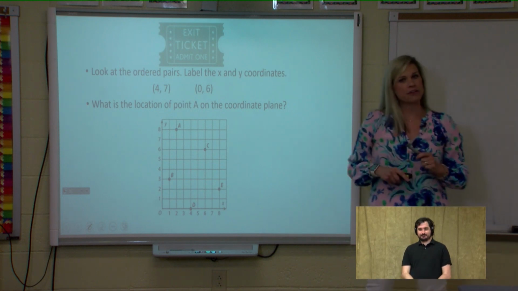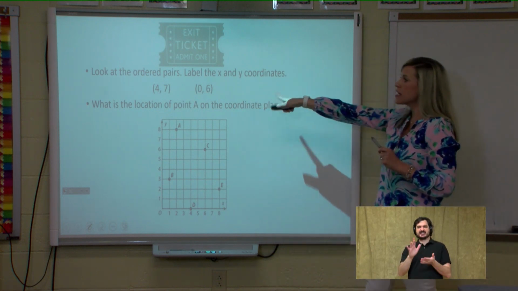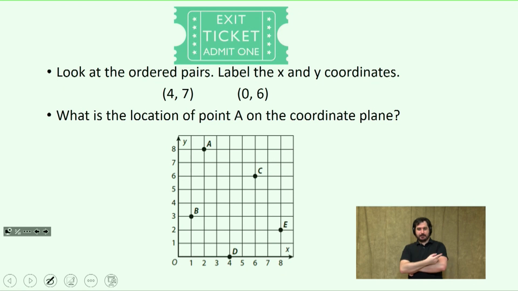All right, your exit ticket for today, I want you to take a look. Look at these ordered pairs. I want you to label X and Y. So this first ordered pair is 4, 7. Tell me what 4 is. Is it X or is it Y? Same with this one, 0, 6.